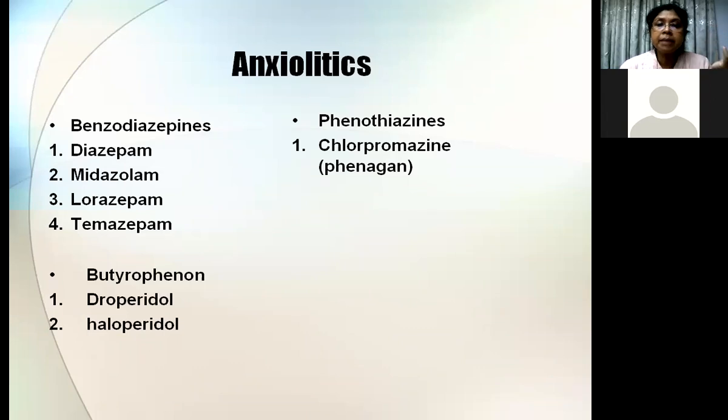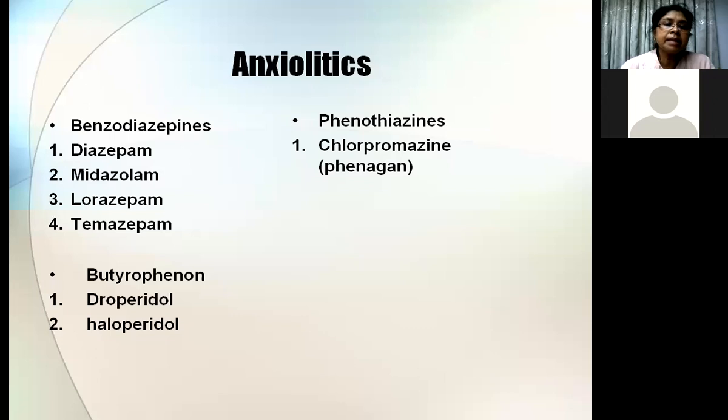So it has many other effects also, and you can use them as an anxiolytic as well. Then butyrophenones like droperidol and haloperidol can be used.